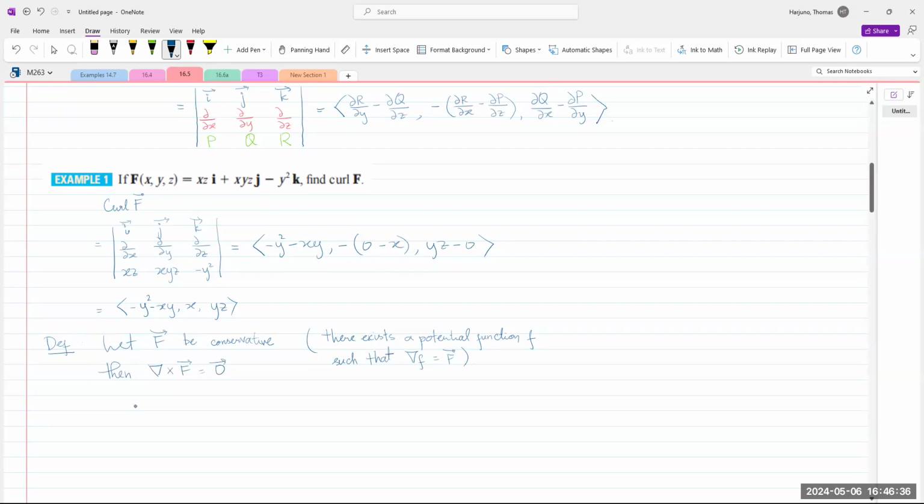In other words, the curl of the gradient of f will be vector 0.